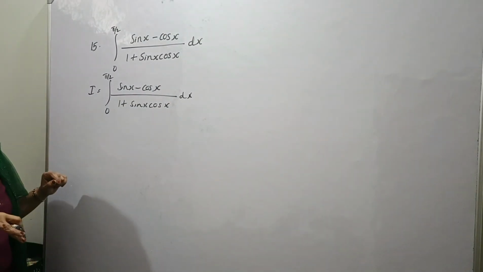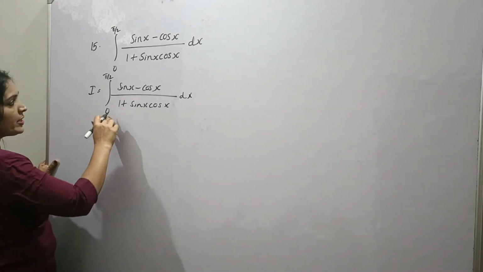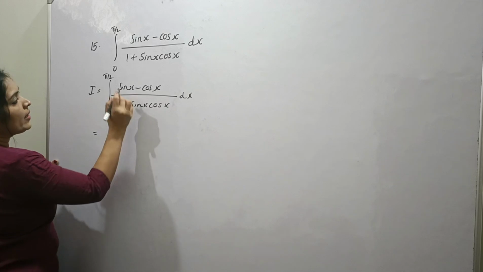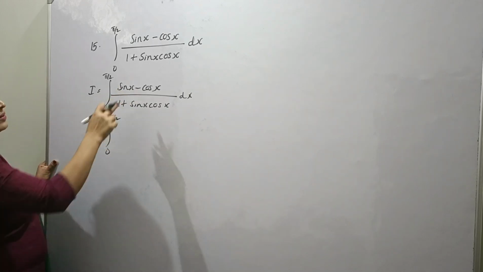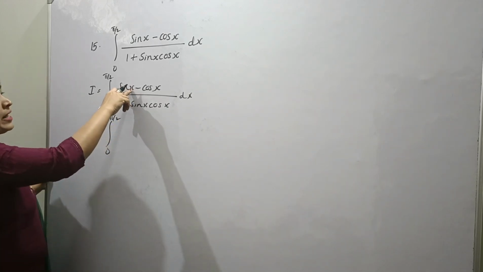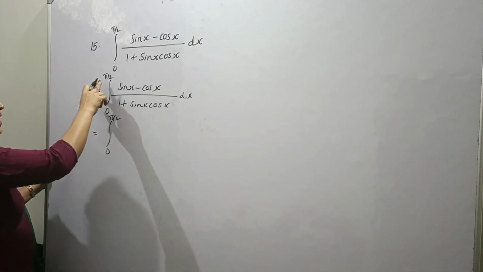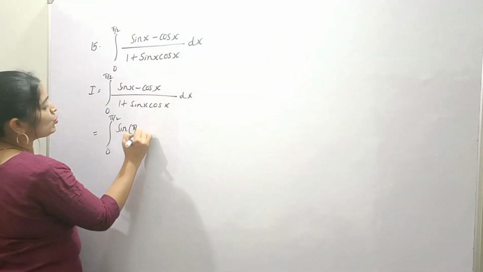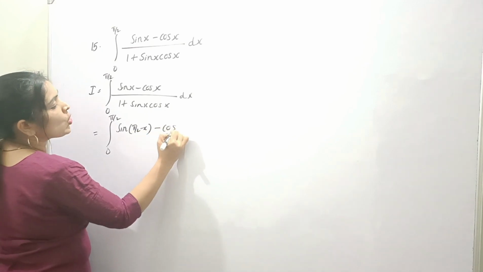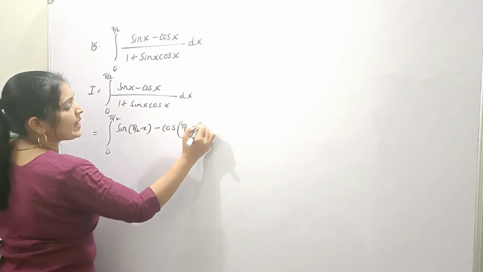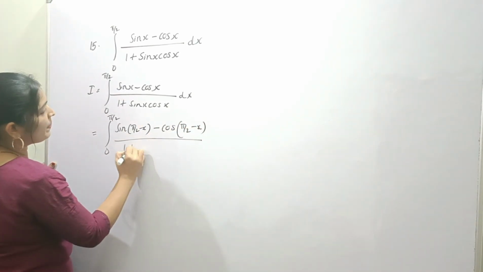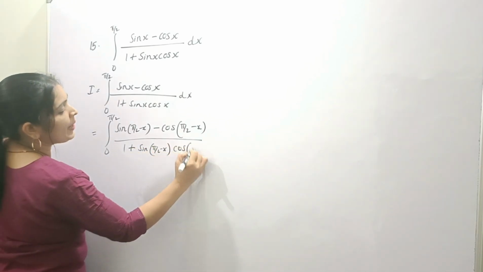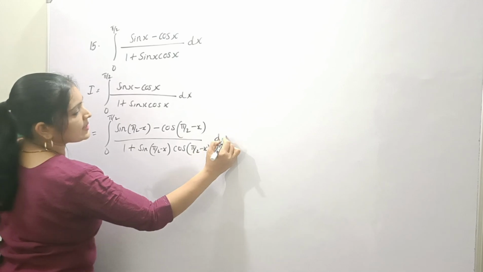Okay. Now let's apply this property. Integral 0 to a f of x dx is equal to integral 0 to a f of a minus x. So we should replace x by a minus x. What is a? Pi by 2. So pi by 2 minus x. Sin(pi by 2 minus x) minus cos(pi by 2 minus x) divided by 1 plus sin(pi by 2 minus x) cos(pi by 2 minus x) dx.